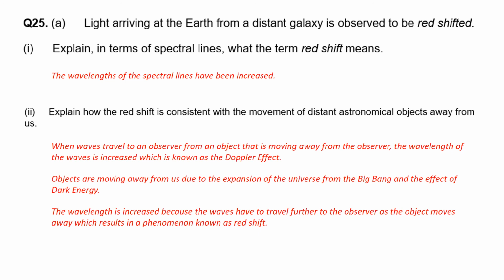Putting those two together, the reason wavelength gets increased is because the waves have to travel further to the observer as the object moves away from us, which is what causes the Doppler effect, and we call that specifically redshift when we're dealing with cosmology.